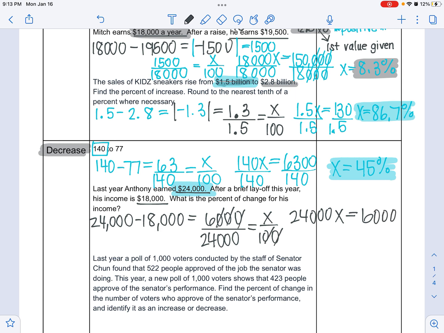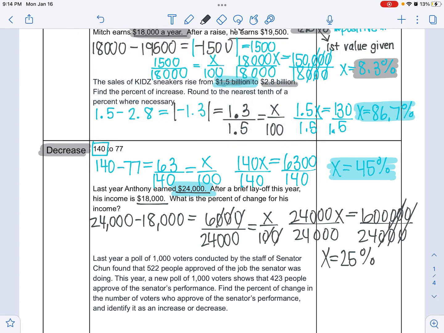You could do it that way, the strategy. So that's 600,000 divided by 24,000. Again, I like matching up my zeros top and bottom. So that becomes 600 divided by 24, and x is equal to 25%.